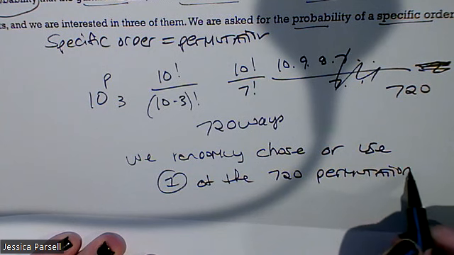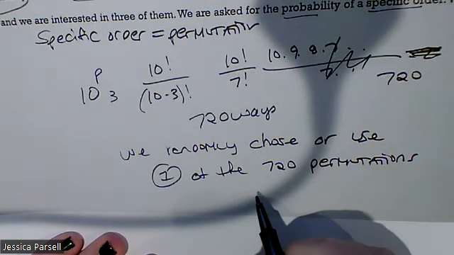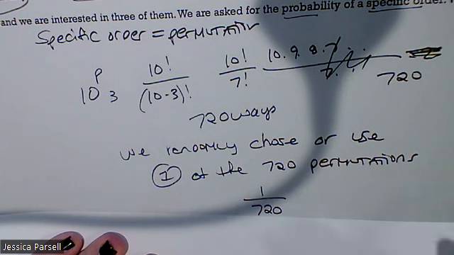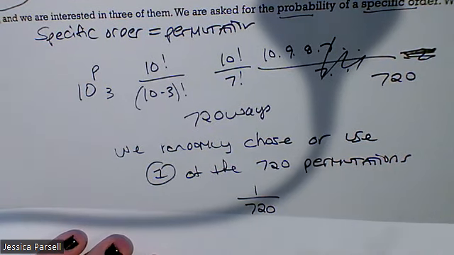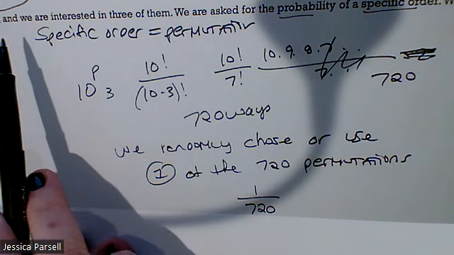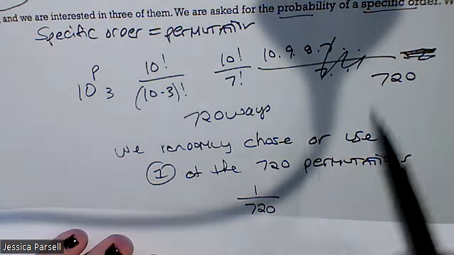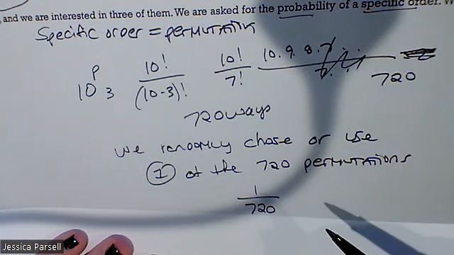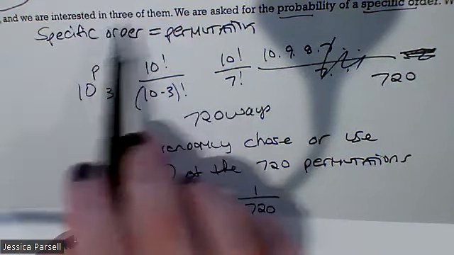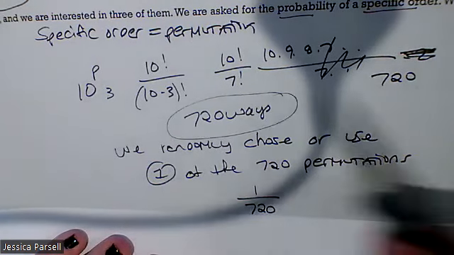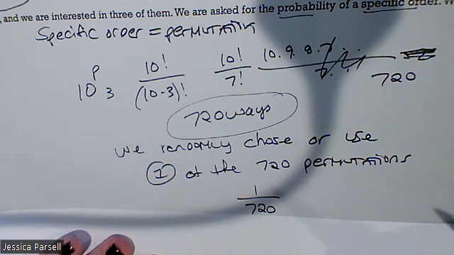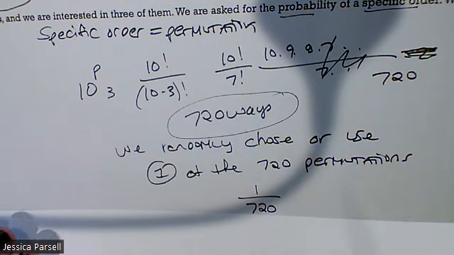So we started probability last week, so we know that this probability is going to be 1 out of 720. So when you get to the problems where they start talking about probability, you're still going to go through either your permutation or your combination. But then at the end, step back and think about what they're asking. Compute the probability that this is going to happen. There's 720 ways it could happen, and there's really only one chance out of 720 that it's going to happen that way.